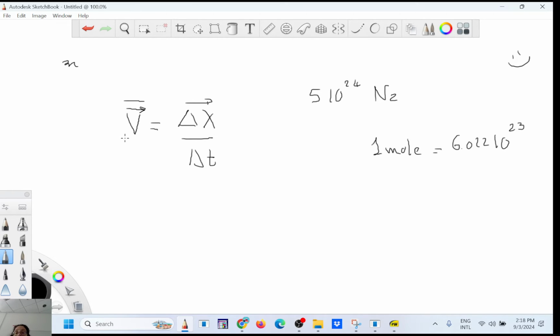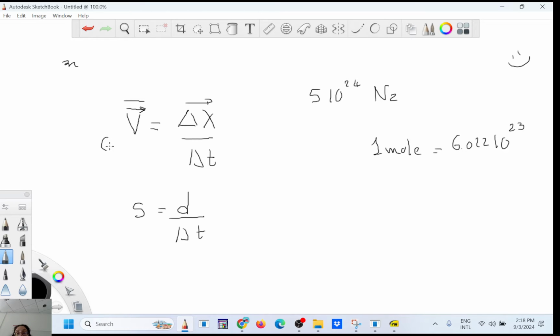So that's the definition for velocity. The definition for speed is the total distance over the total time elapsed. So this is a scalar, and this is a vector: V for vector, S for scalar. This is displacement.